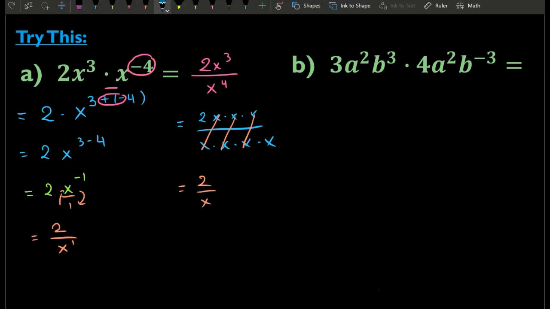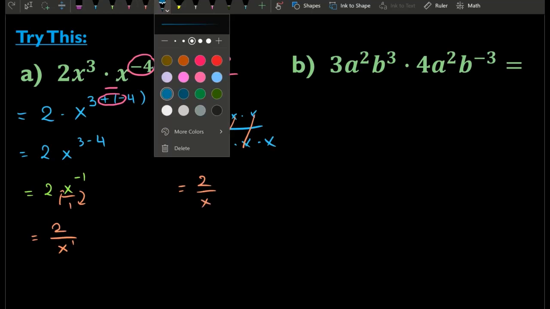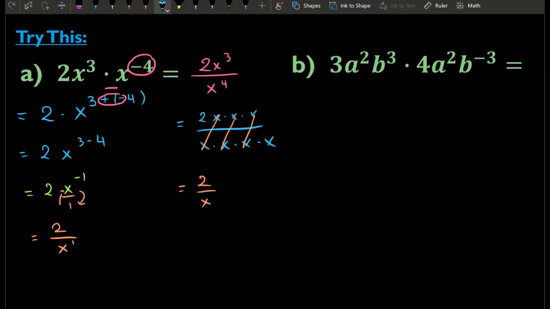Now we're going to look at part B. To multiply this, you have 3 times 4, which is 12. A squared times a squared is a to the 2 plus 2. And b to the 3 plus -3.